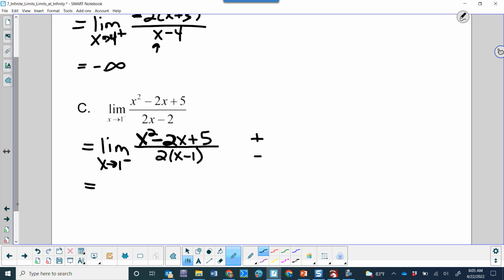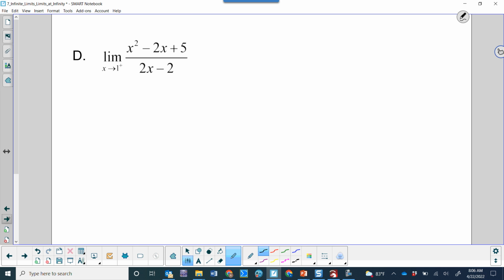So I don't need perfect, I just need to know, is it positive or negative? In other words, this term right here can't get big enough to cause the top to be negative. I'd have to overcome the +5 and the number in front. So definitely positive over negative, so this is negative infinity. And then we do the same thing for this one. So again, imagine it factored.